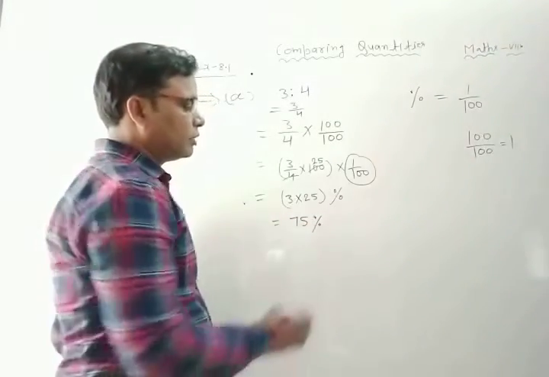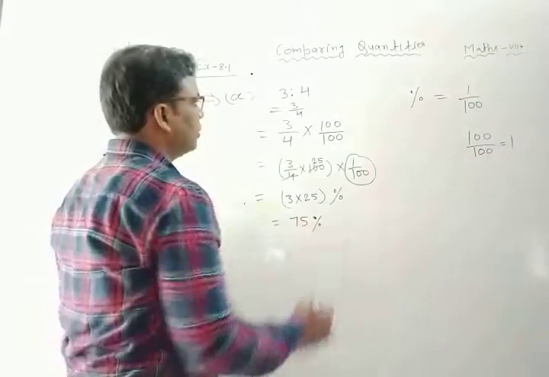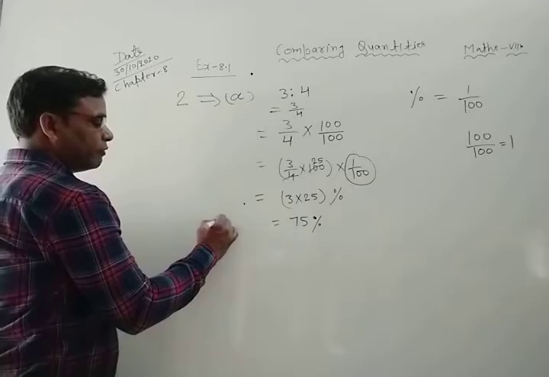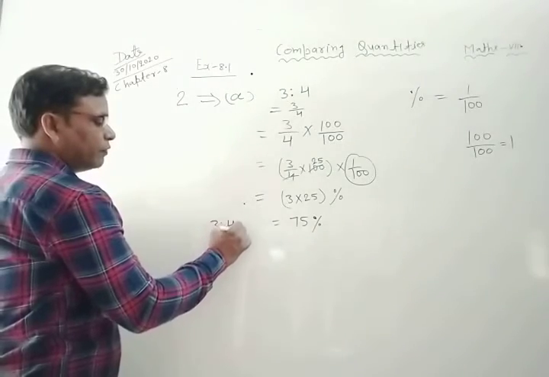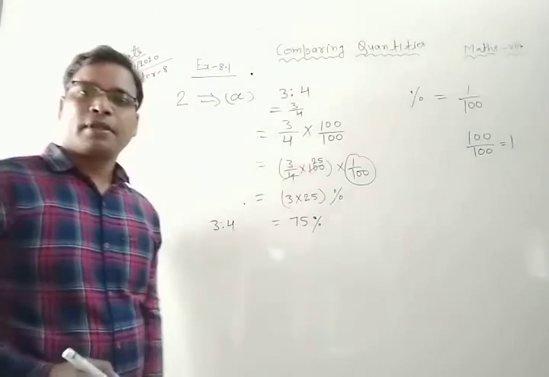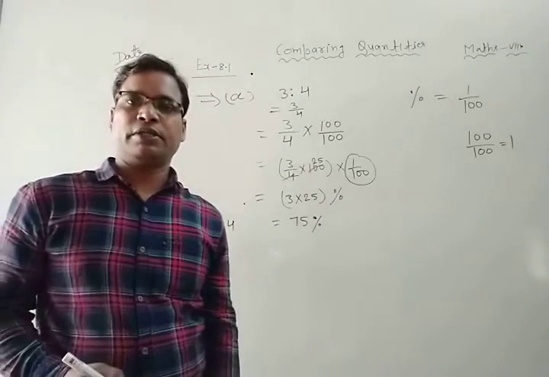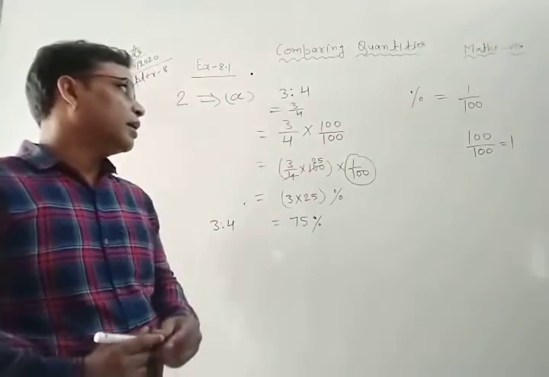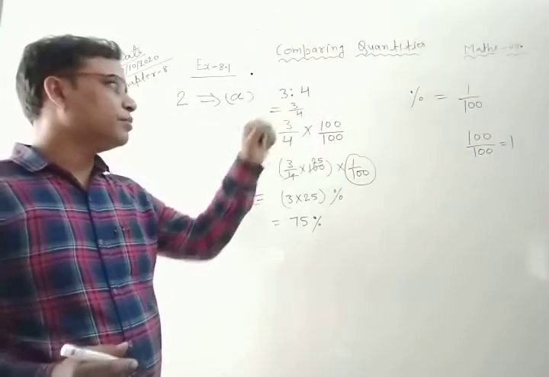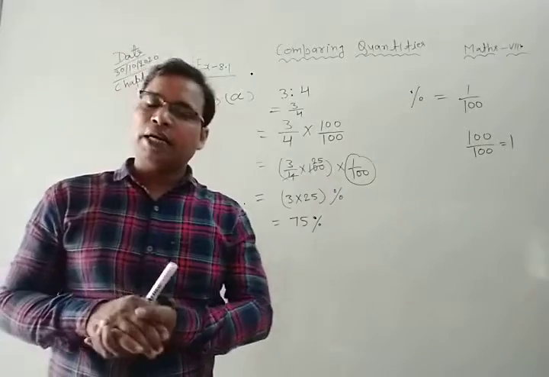Clear? I hope all of you understood this question. Here you can see we convert 3:4 as a percentage: 3:4 is equal to 75%. For this, first we write the given ratio as a fraction, 3 by 4. After this, we multiply by 100 by 100.